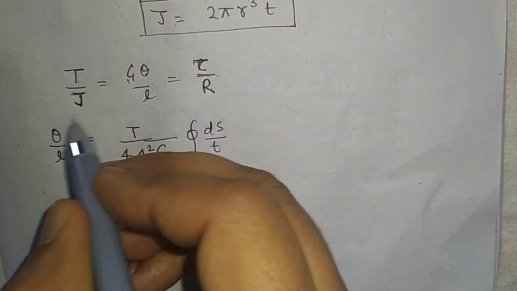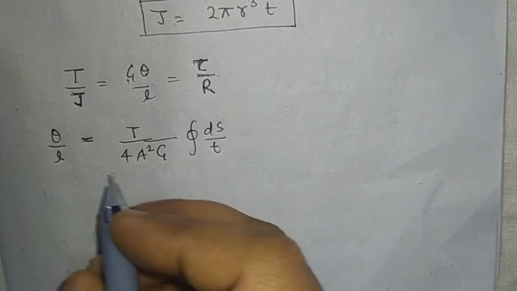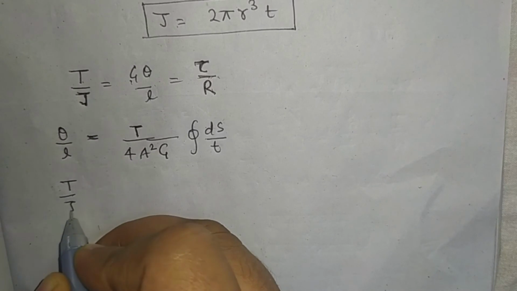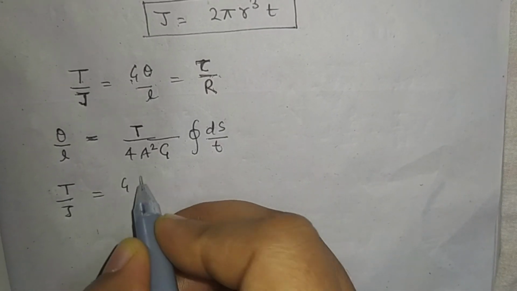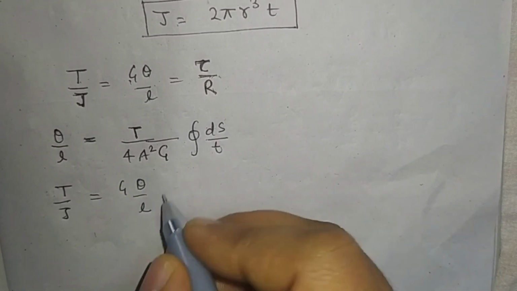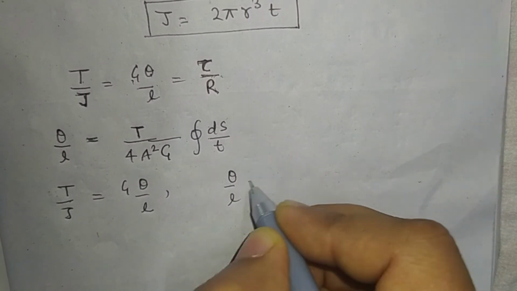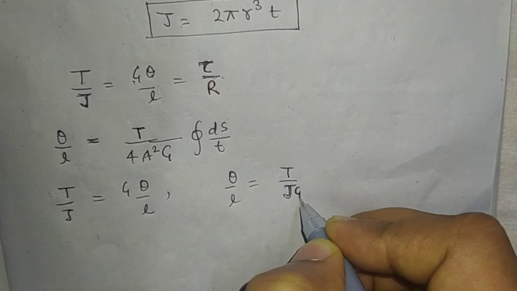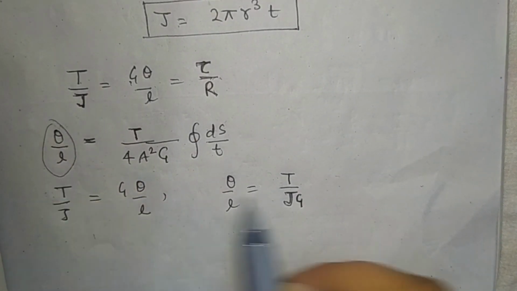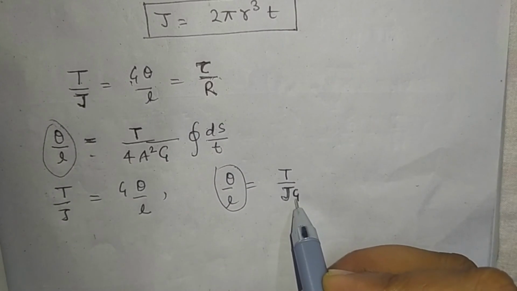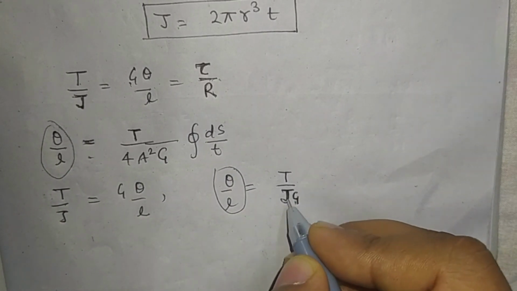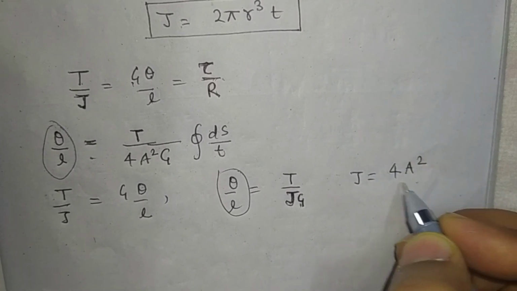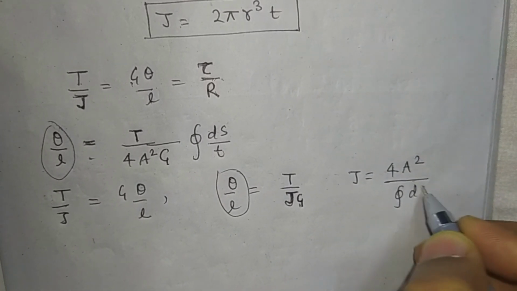By comparing these two equations, T by J equals G theta by L, so theta by L equals T by J into G. Comparing, J will be equal to 4A square divided by ds by t.